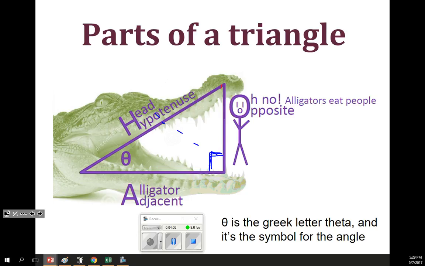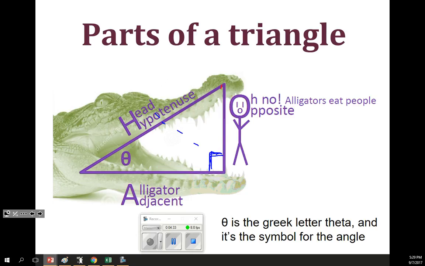Now, how do I know that one or the other is going to be O or A? Well, in this particular example, our angle in question is right there in the alligator's mouth corner, which is going to make that the adjacent, because adjacent means next to, so adjacent is next to the angle. So angle starts with an A, adjacent starts with an A.